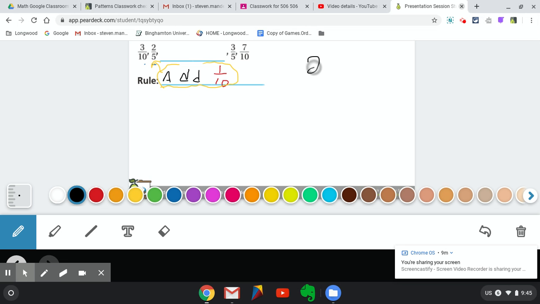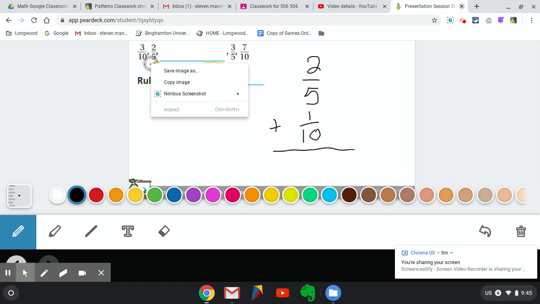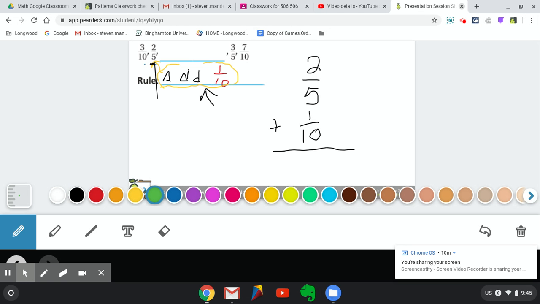So I'm just going to go ahead and erase this work over here on the side so that I can do that new work, applying that rule so we can find our missing number. So here we're going to have 2/5, and we are going to add 1/10 to that because that's what our rule is telling us to do, right?